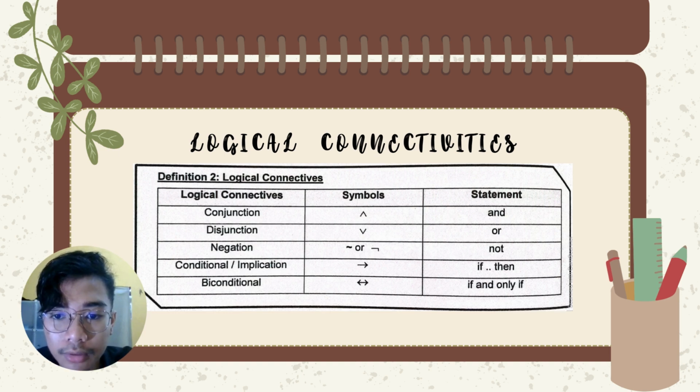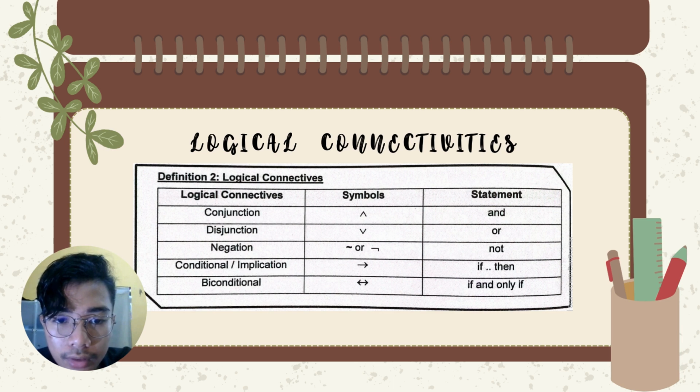So based on the table, we have five different logical connective components. The first logical connective is conjunction. We use it for the AND statement. For the second logical connective, we have disjunction, and we use it for the OR statement. The third logical connective is negation.